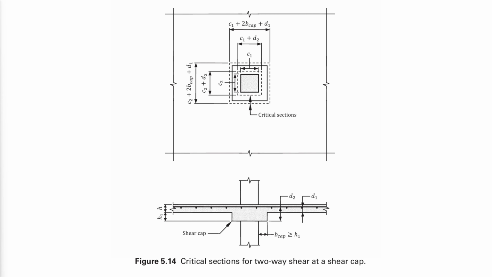In the case of a shear cap, there are also two critical sections, one in the panel that is a distance d2/2 from the face of the support, and one in the slab that is a distance d1/2 from the face of the shear cap.